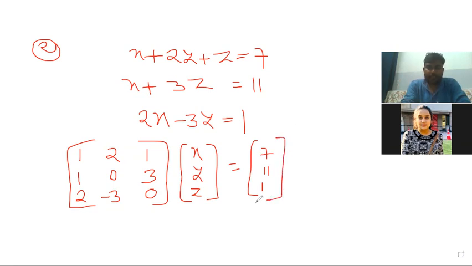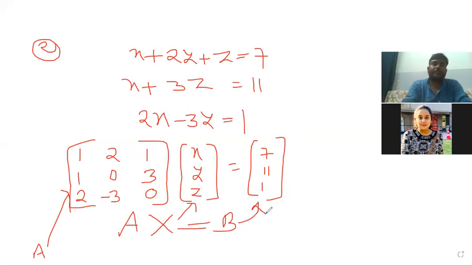Now here we compare with Ax is equal to B. You will see that A will be this matrix, X will be this matrix, and B will be this matrix.